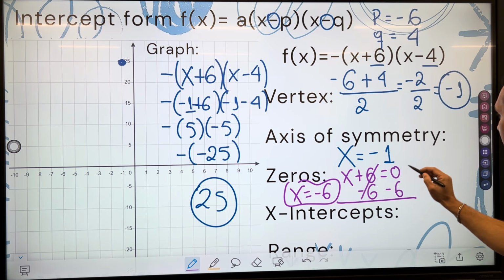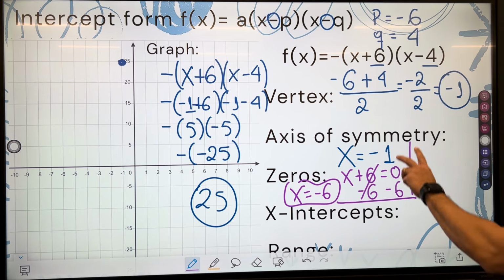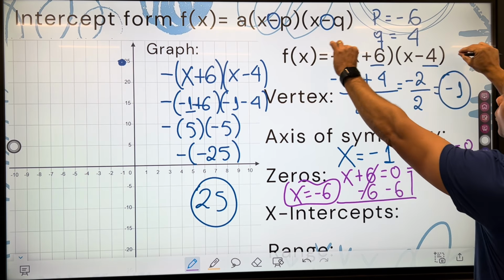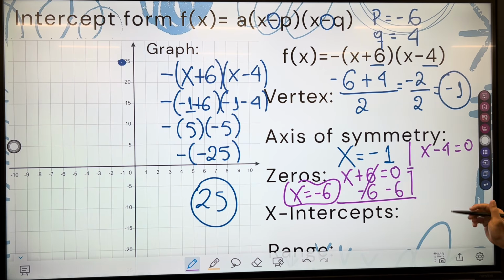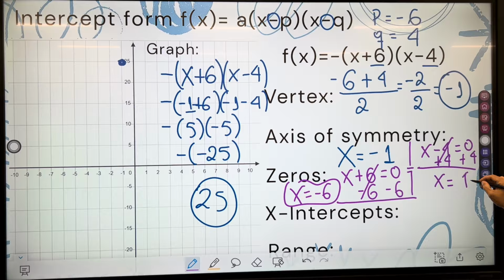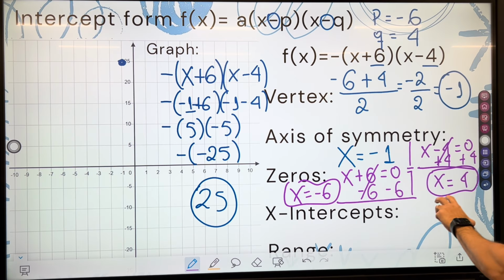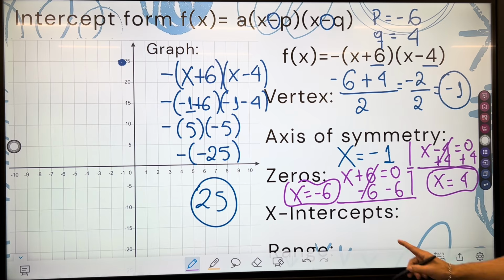This is the first one. The second one, we do the same step. X minus 4 must be 0. So these are the zeros, the numbers that will make this function equal to 0. So we add 4 on both sides, x equals 4. The zeros: x equals -6, x equals 4.